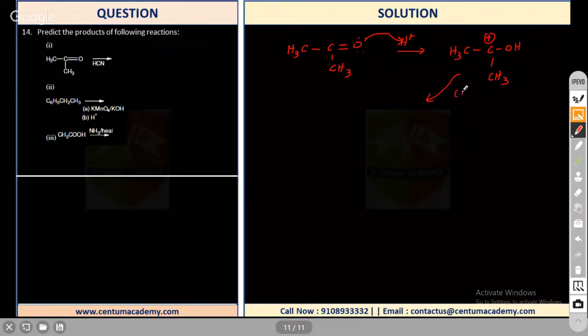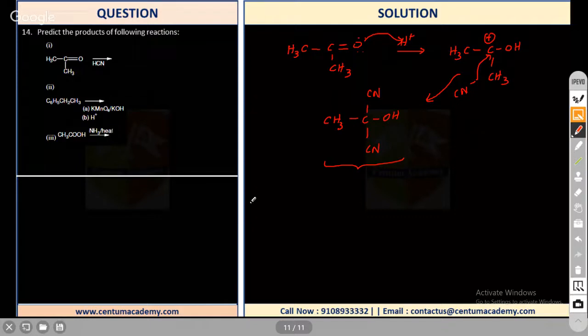Now from this, CN minus as a nucleophile attacks this carbon atom and we get CH3, CCN, OH, CH3. It is a cyanohydrin. Nucleophilic addition of CN minus.